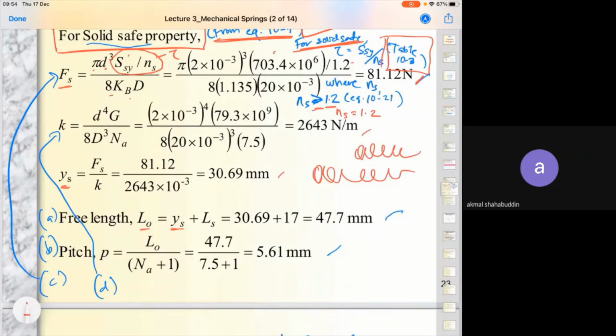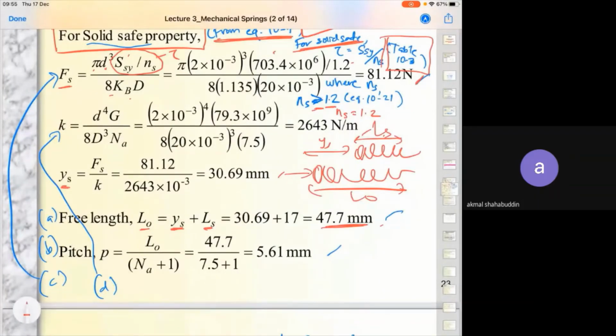Daripada free length LO kepada yang baru LS. Okay, then deflection plus LS, so kita akan dapat 47.7 mm.